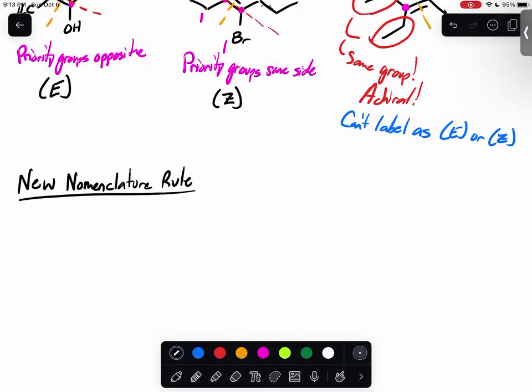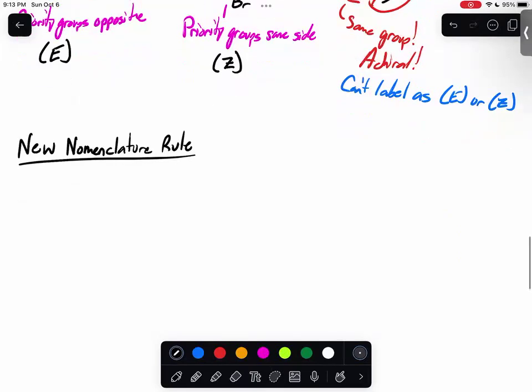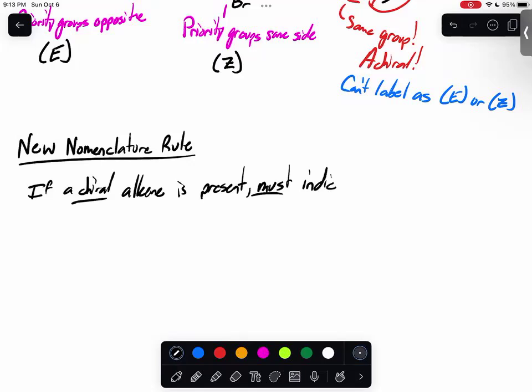So essentially the way E and Z works is if a chiral alkene is present, you must indicate E or Z in parentheses before the prefixes.